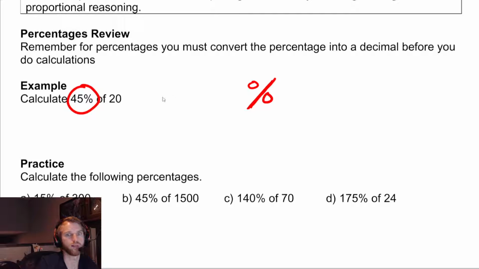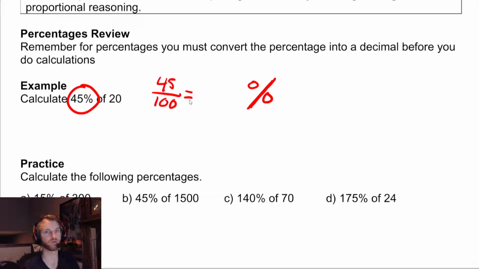So we want to write 45% as a fraction, 45 per 100, which is the same as 45 divided by 100. If in your calculator you say 45 divided by 100, you would get 0.45.